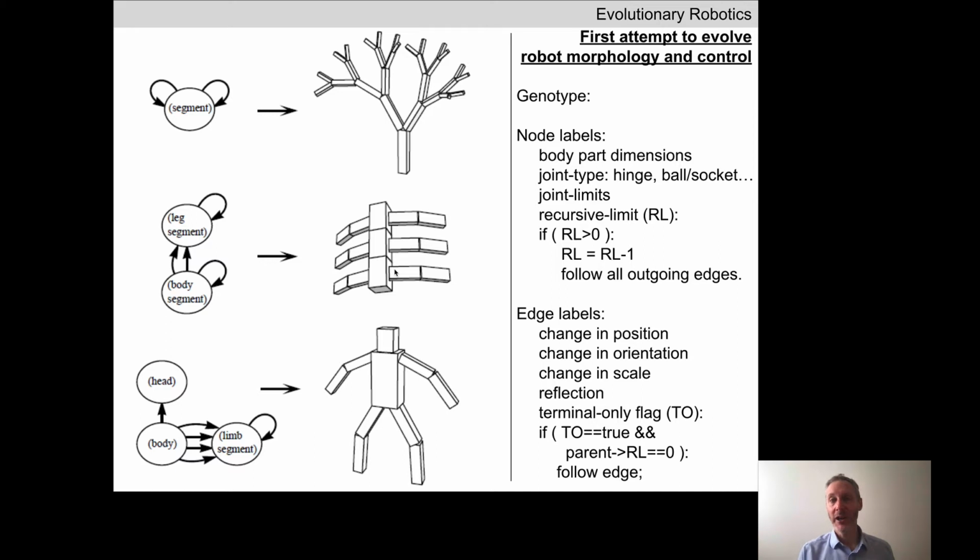Okay, so let's have a look at how this actually works. Let's have a look at, first of all, the genotype. Let's dive into this a little bit in more detail. Let's imagine we're going to create a random genotype. Like genetic programming, imagine we have a bag with nodes and edges in it. We reach into the bag and we pull out a node. We can create an arbitrary number of outgoing edges.